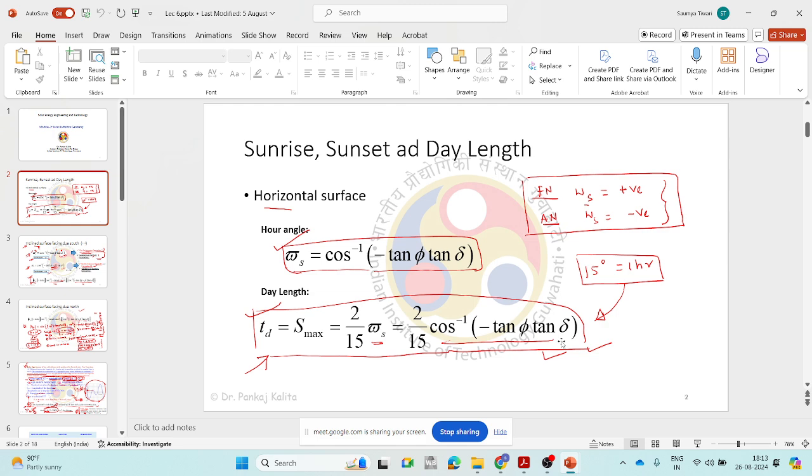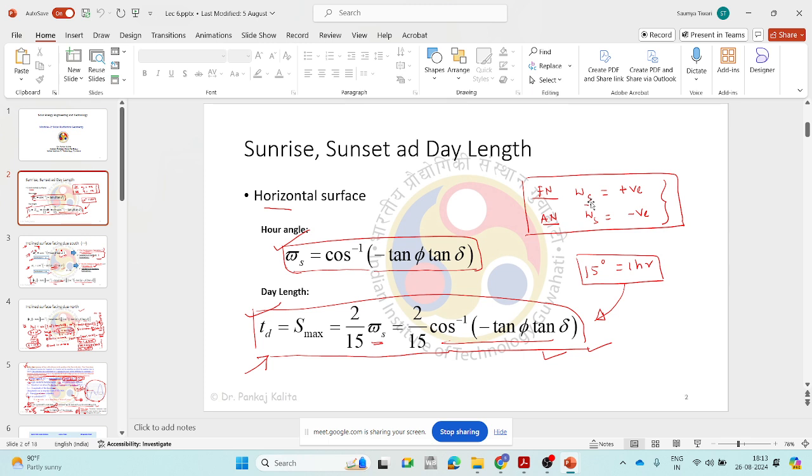Ma'am, for example, directly we are taking at 12 noon 0 for omega, then there is no need of using this cos inverse of minus tan phi tan delta. No, no. That's why, see, if you are going to calculate omega, you are going to calculate it for a particular time of the day, right? So you can calculate it for 11 o'clock or say 9 o'clock.